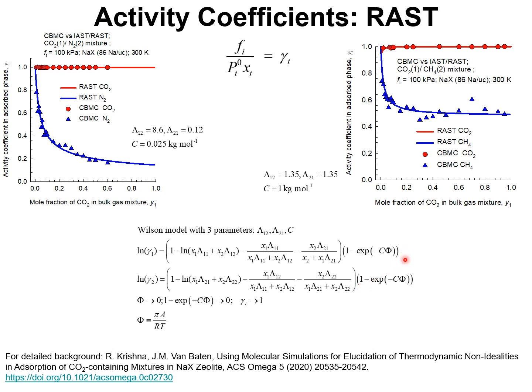The parameter c is introduced in order to ensure that the proper limiting characteristics are reflected in the model for the activity coefficient.